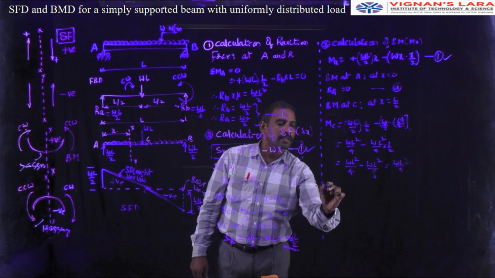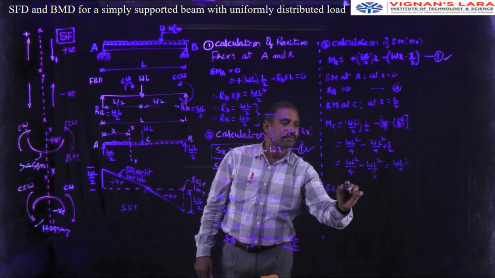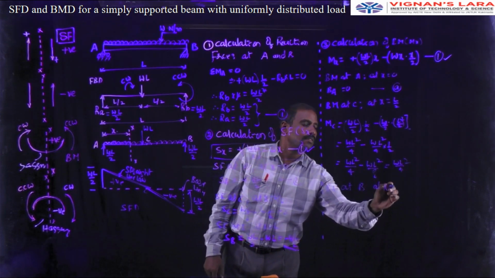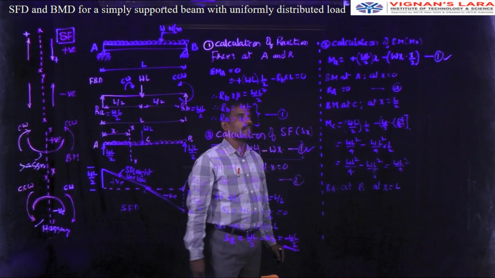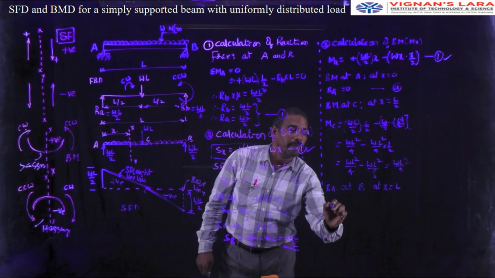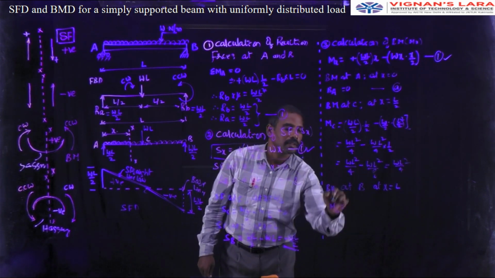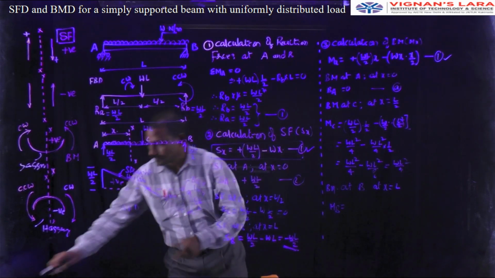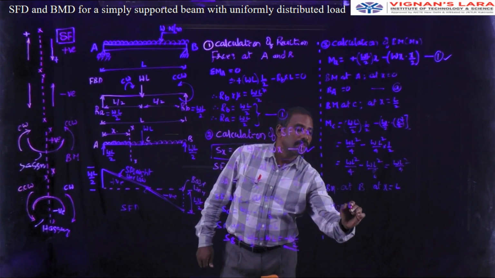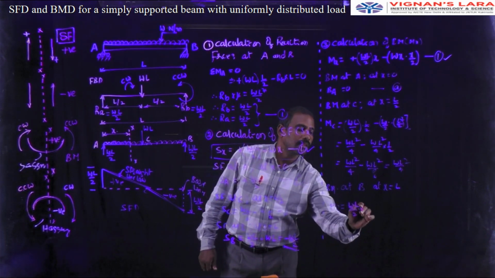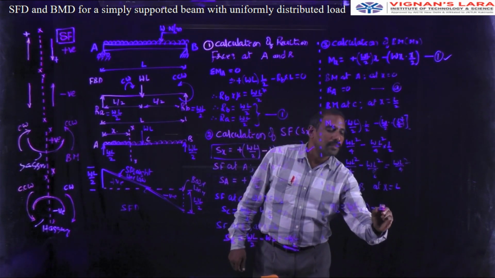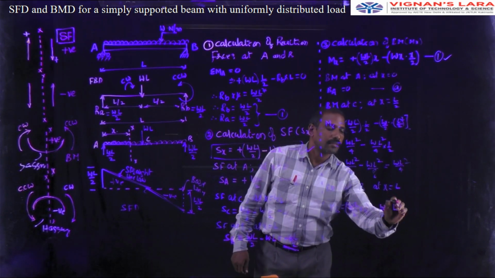Then you can find out the bending moment at B. It means at x is equal to L. So MB is equal to WL by 2 into L minus W by 2 into L square.